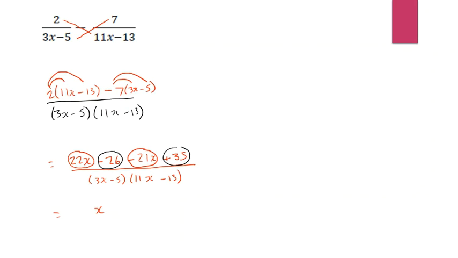So either doing minus 26 plus 35 or 35 minus 26 gives us positive 9. And that's our numerator value simplified. That's all over 3x minus 5 and 11x minus 13. And that's how we simplify an algebraic fraction problem.